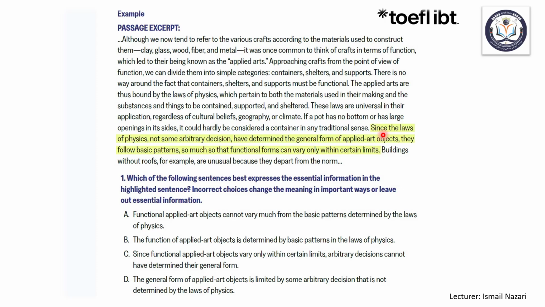try to be careful of the type of clause used inside the highlighted sentence. The type of clause, what do I mean? If the idea is expressed in the main clause, usually the main clause is more important than the dependent clause in a compound complex sentence or in a complex sentence.